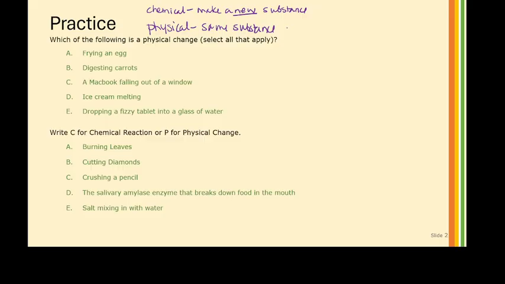Remember, two things that are classically physical changes, there are many, but two very distinct ones that you should be watching out for, are change of state, so solid to liquid to gas, and mixing or separation.